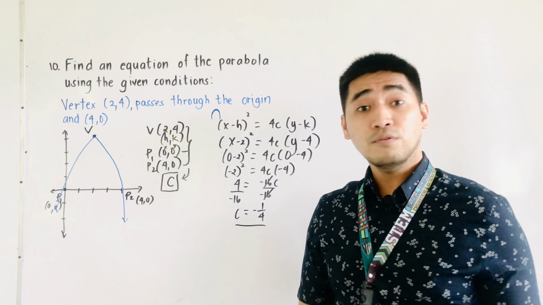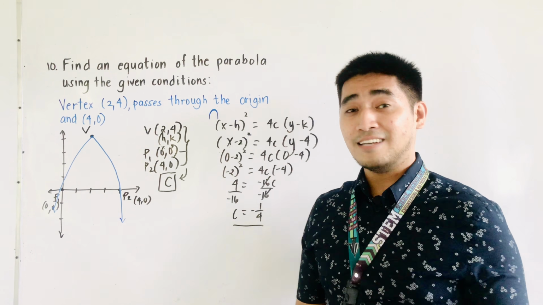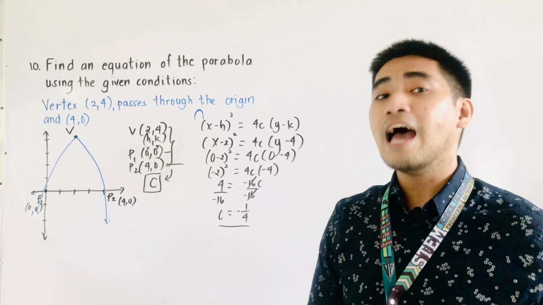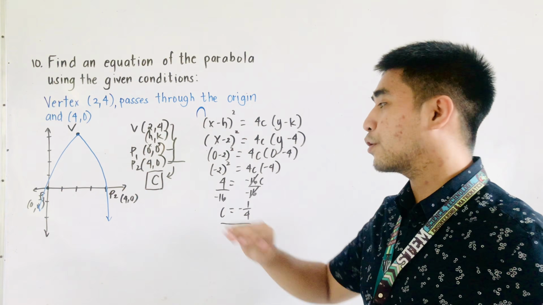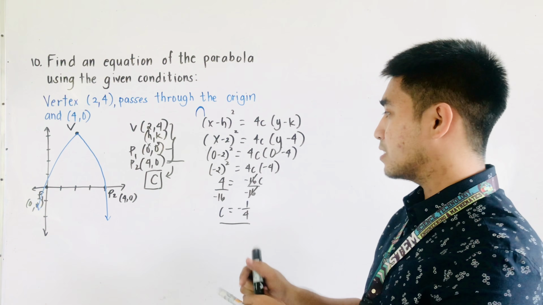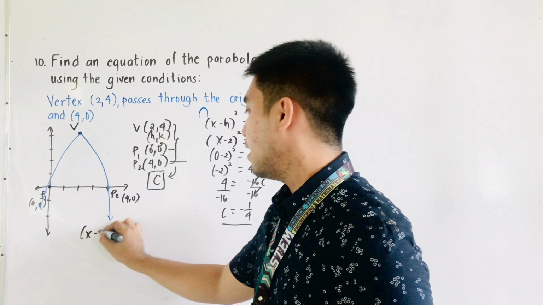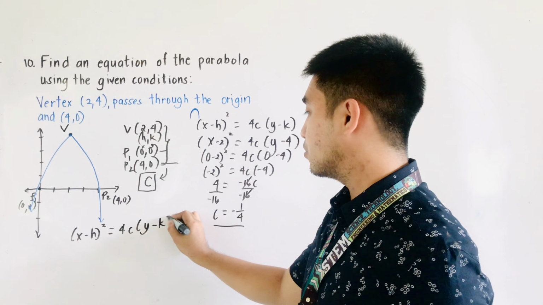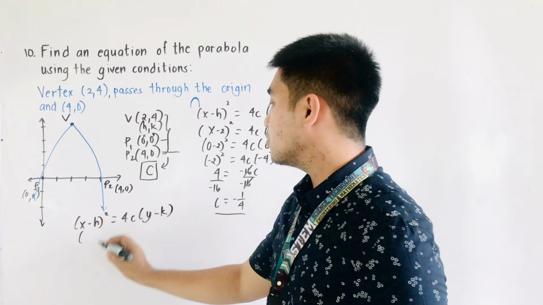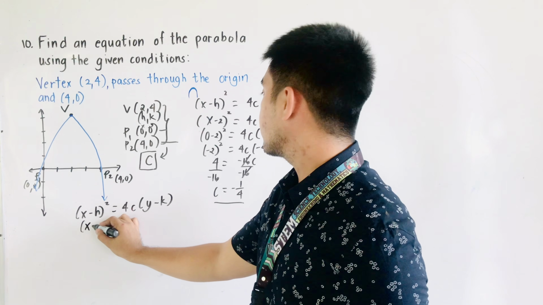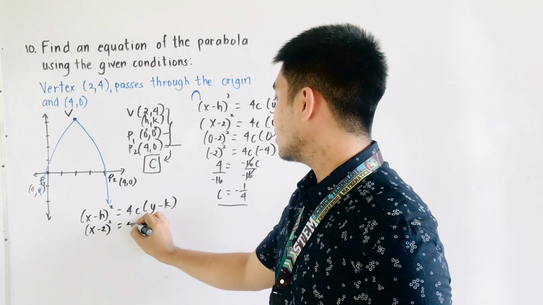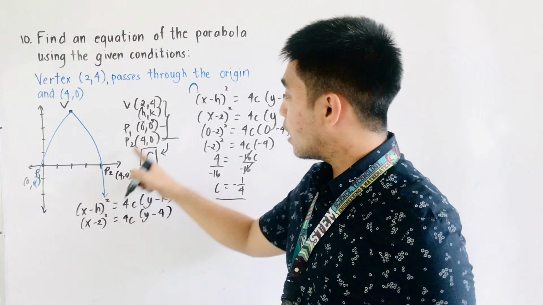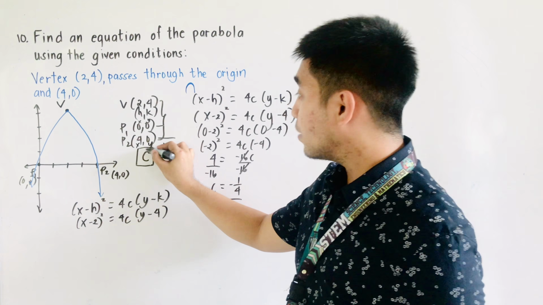So, how do we know if our answer for c is correct? Let us now try to use the second point. If we have the same value for c, therefore, that is the correct answer. (x minus h) squared is equal to 4c times (y minus k), so (x minus 2) squared is equal to 4c times (y minus 4). Our x now is 4, our y now is 0.